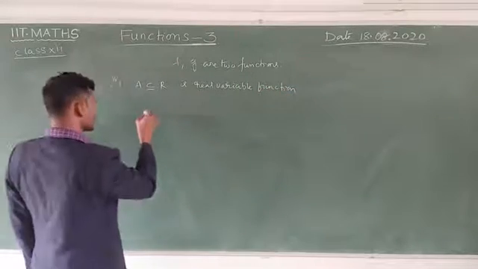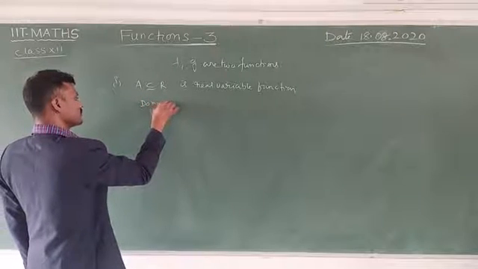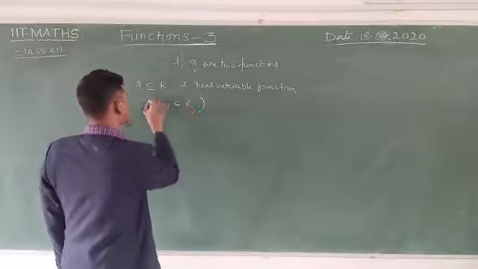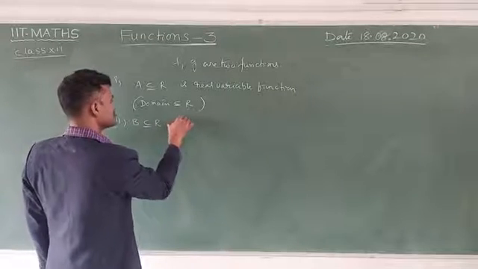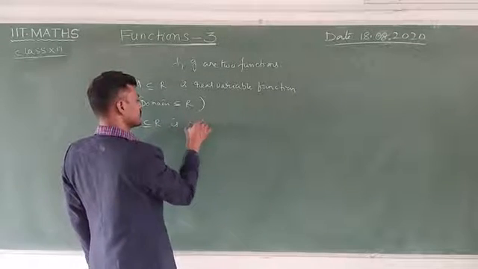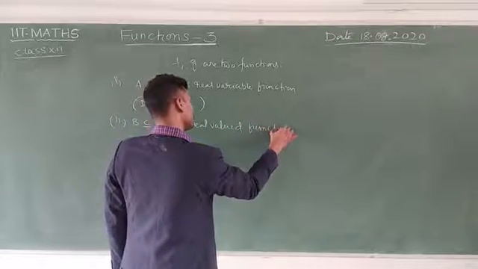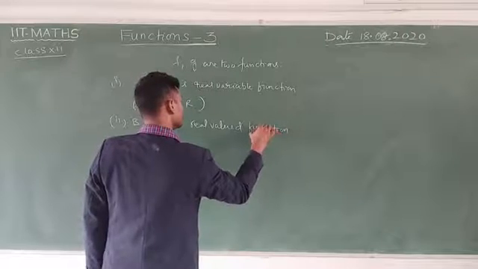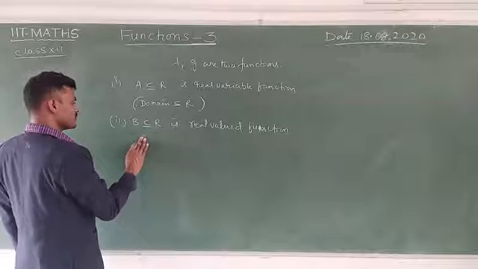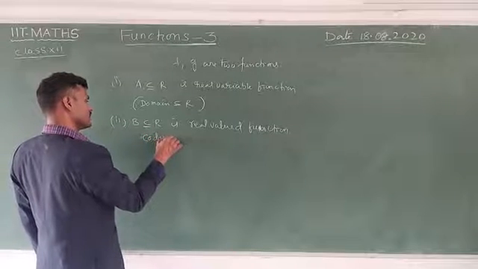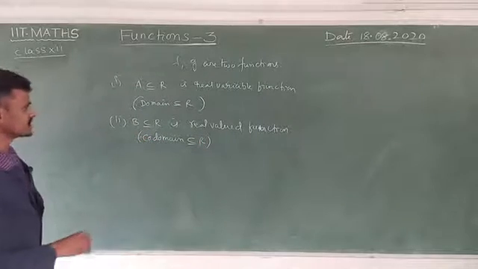Real variable function means the domain A is a subset of R. Next, the second one: B is a subset of R is a real valued function. Here B means the codomain is a subset of R.